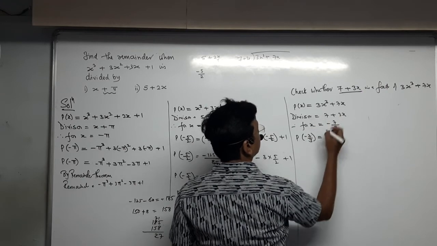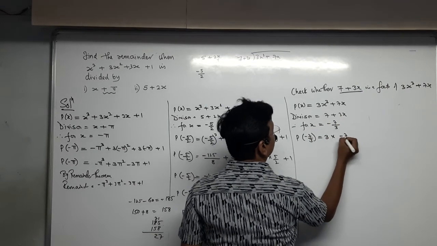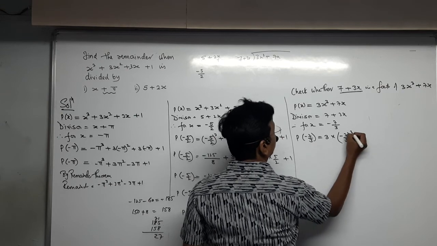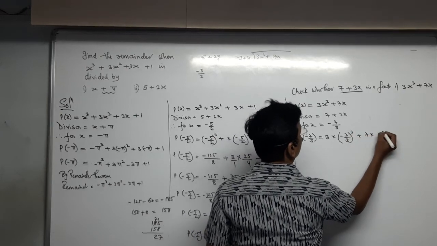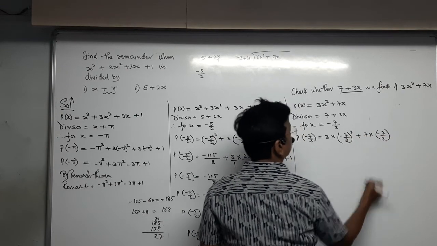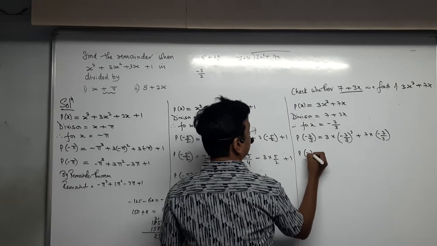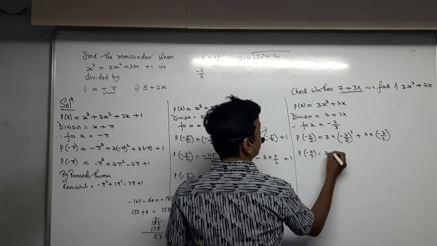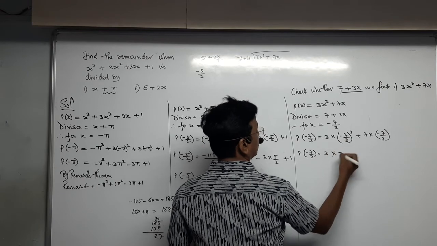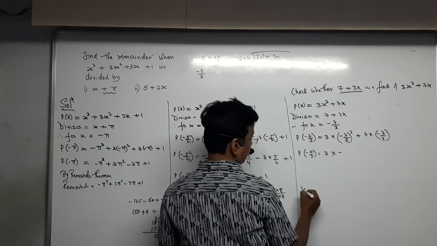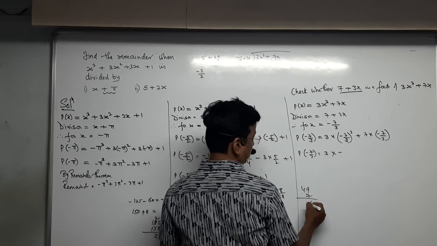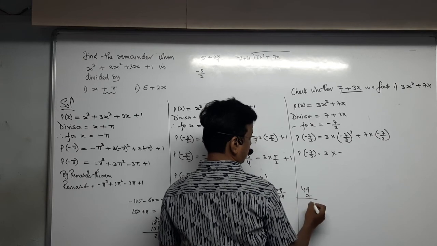Here you will substitute: 3 into minus 7 upon 3 the whole cube, 7 into minus 7 upon 3. So what will you get over here? Now this will be minus 7 sevens are 49, again into 7, 7 nines are 63.